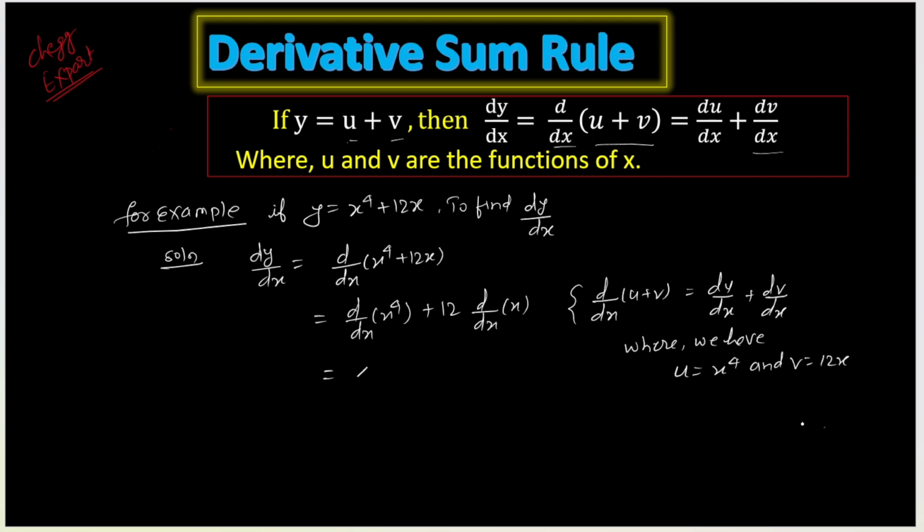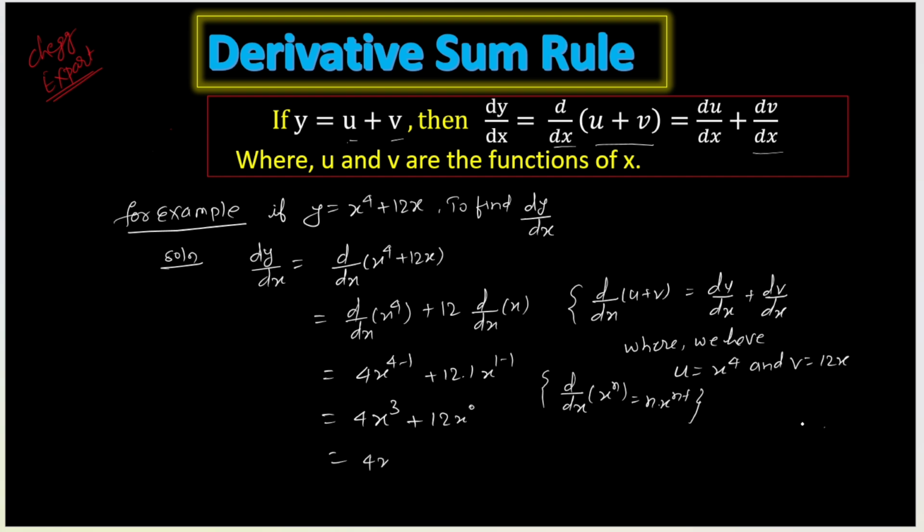So 4 into x to the power 4 minus 1 plus 12 into 1 into x to the power 1 minus 1, since d by dx of x to the power n is equal to n into x to the power n minus 1. Therefore 4 into x to the power 3 plus 12 x to the power 1 minus 1, which is 0.